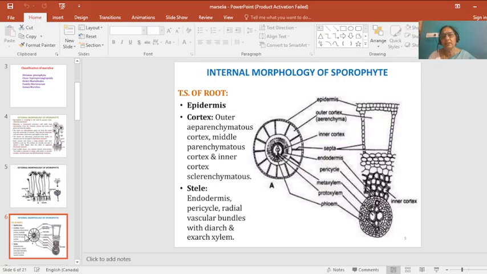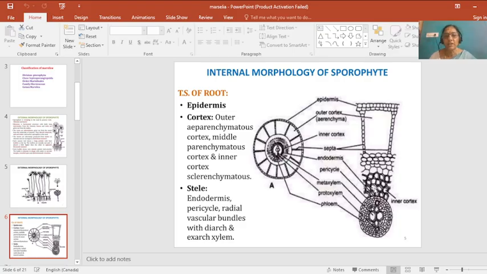The epidermis is single layered with a thin cuticle, and beneath the epidermis is present the cortex, which is differentiated into outer cortex made up of parenchyma, a middle cortex also made up of parenchyma cells, and the innermost cortical region made up of sclerenchyma without any intercellular spaces.